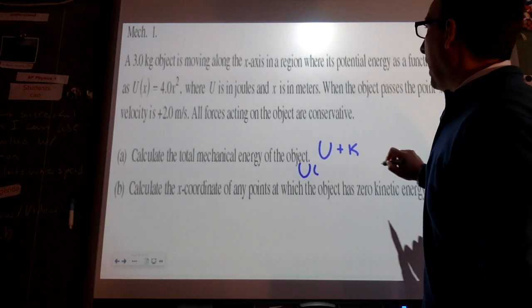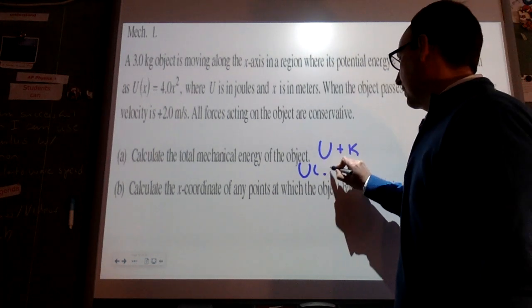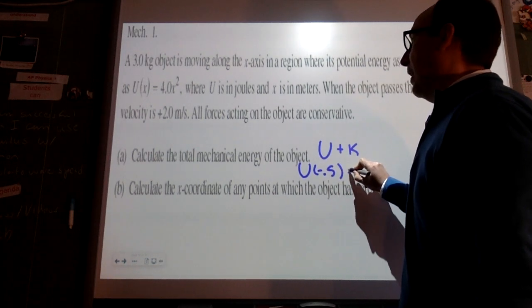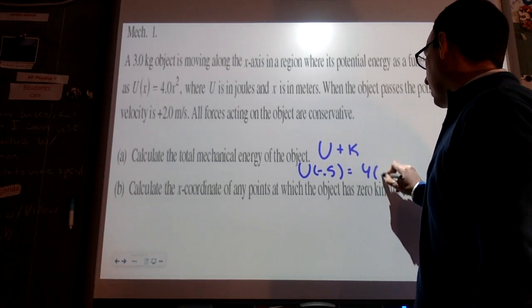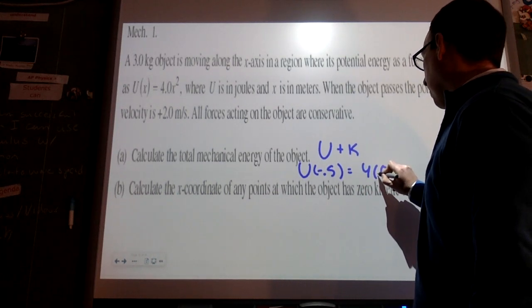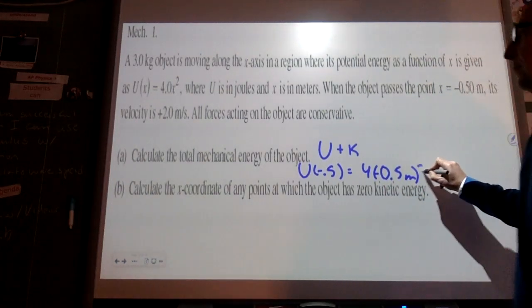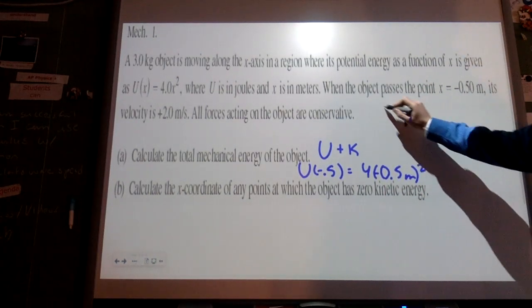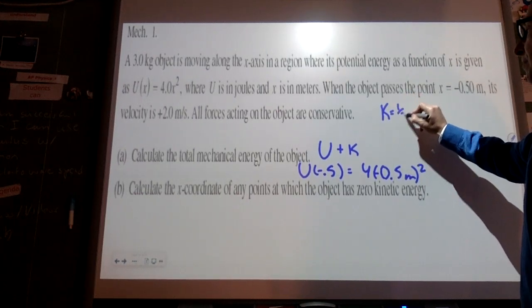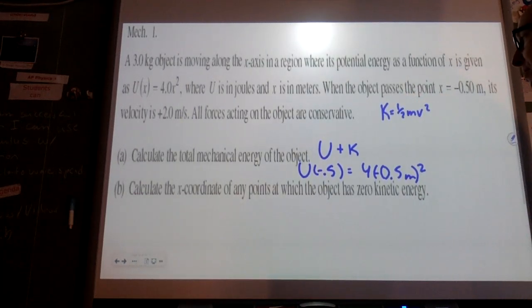So at negative 0.5, this is going to be 4 times negative 0.5 squared. K is going to be 1/2 mv squared.